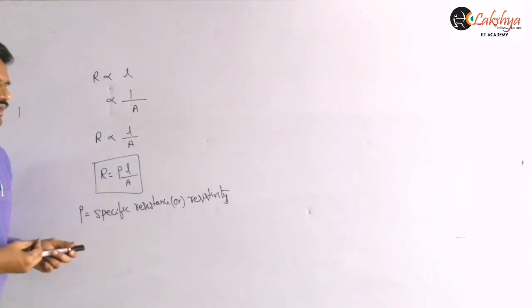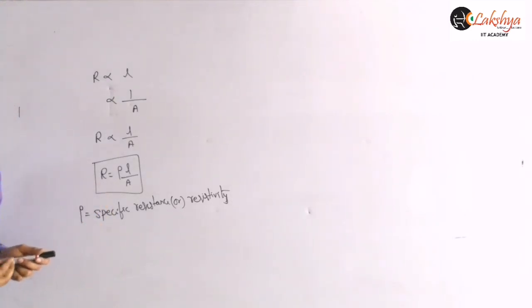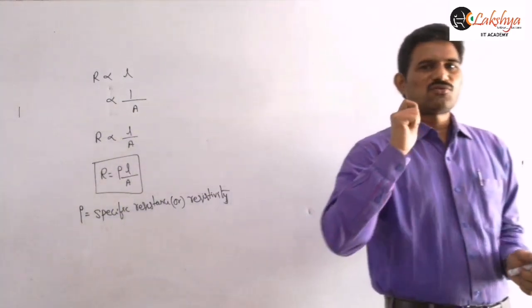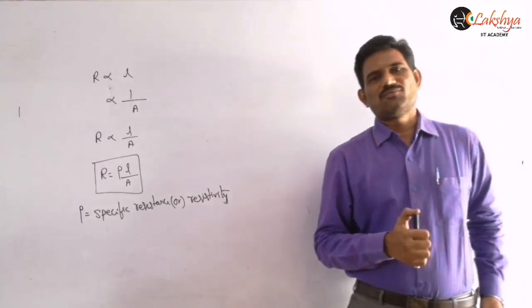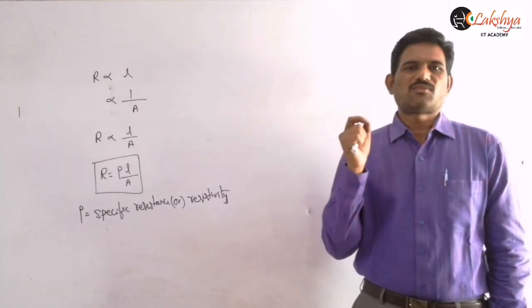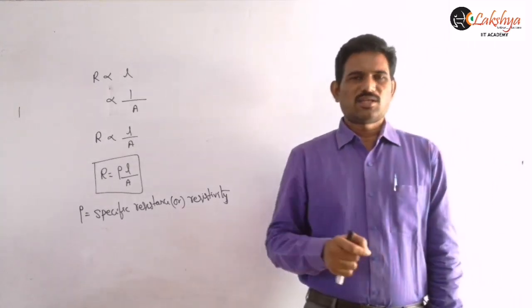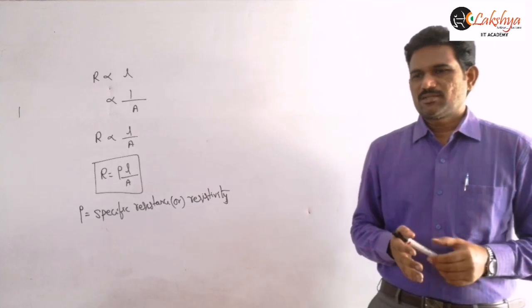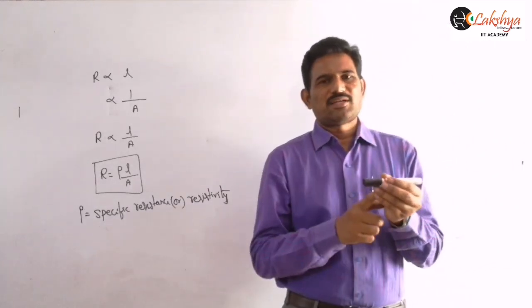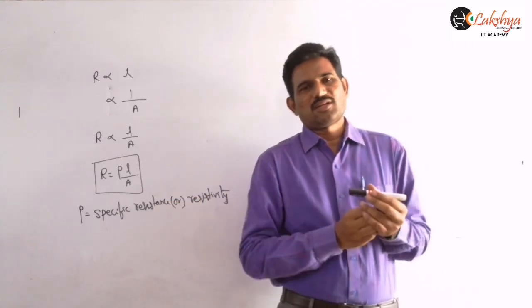Here I will mention the major difference between resistivity and resistance. You should remember that resistivity is a property of the material, whereas resistance is a property of the body. Suppose I am taking a copper wire of 1 meter length and a copper wire of half meter length.